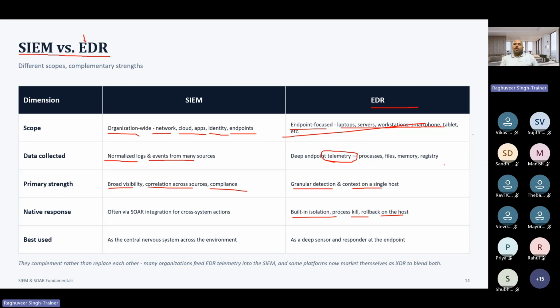That's what EDR does. But what the team can do, it can use SOAR integrations for cross-system actions. Not only that activity, because that's a real-time activity. What SOAR can do, it can disable users, it can network contain systems, you can also configure it to uninstall and install things also.